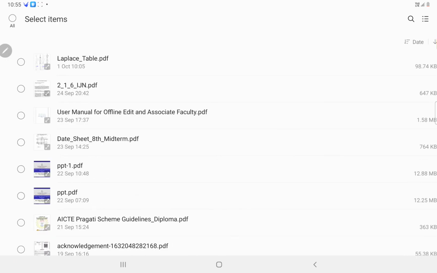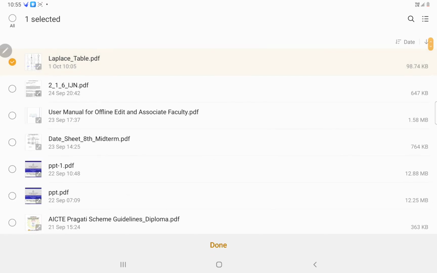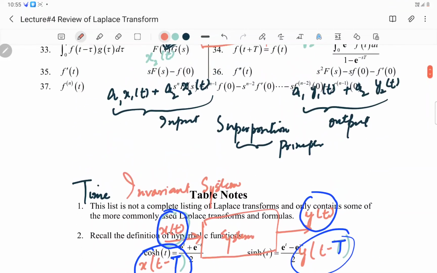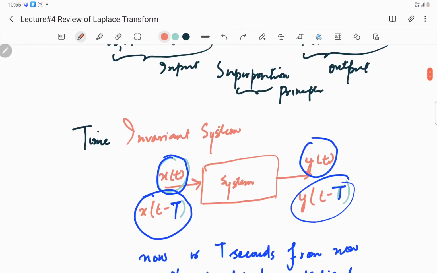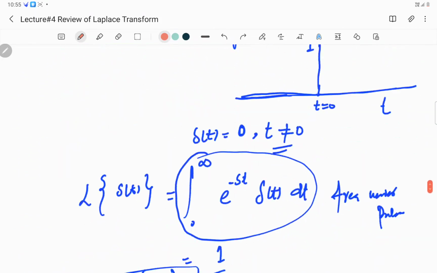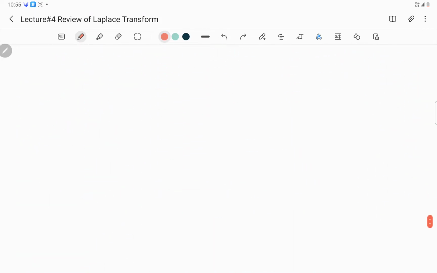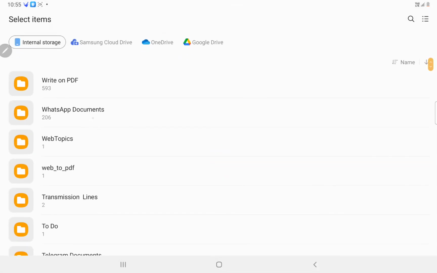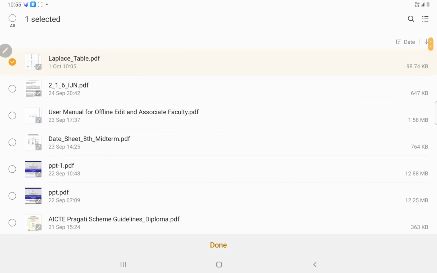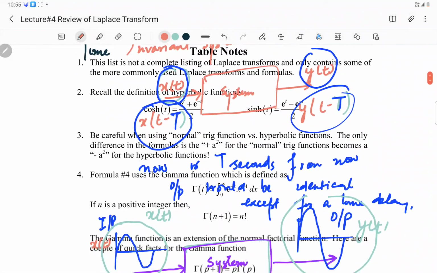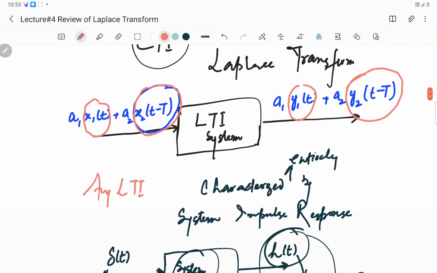Then it would be in WhatsApp documents, Laplace table, done. Let me undo it, move back, and attach it here. Attach PDF from WhatsApp documents, Laplace table. Done. This is what it looks like.